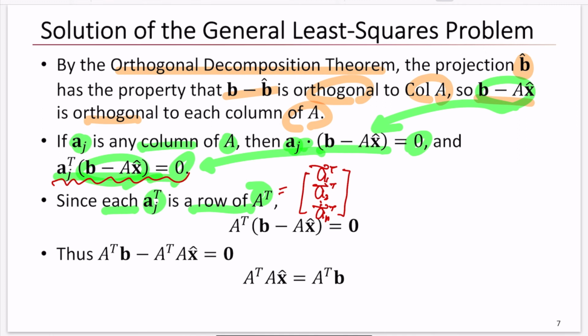By considering AJ1, AJ2, and AJN, this can be represented by the matrix multiplication A transpose times B minus A X hat, which is equal to 0. By the definition of matrix and vector multiplication, A transpose B minus A transpose A X hat is equal to 0. In other words, A transpose A X hat is equal to A transpose B.